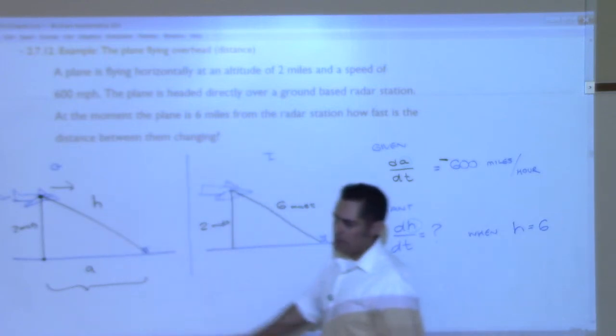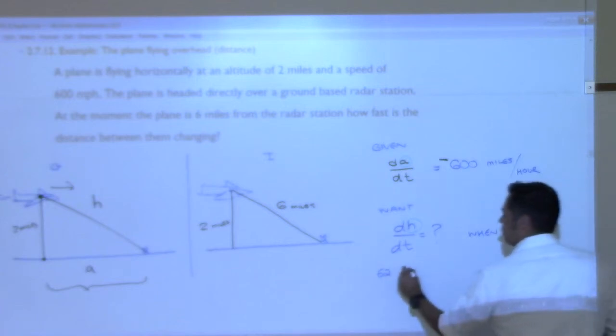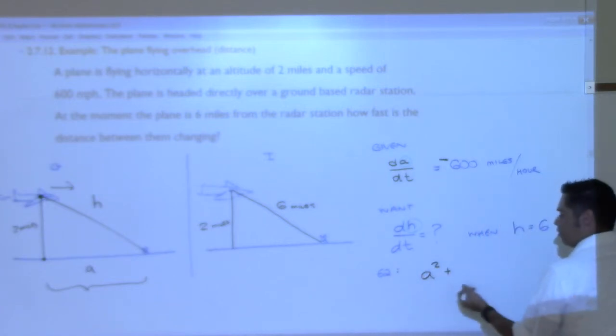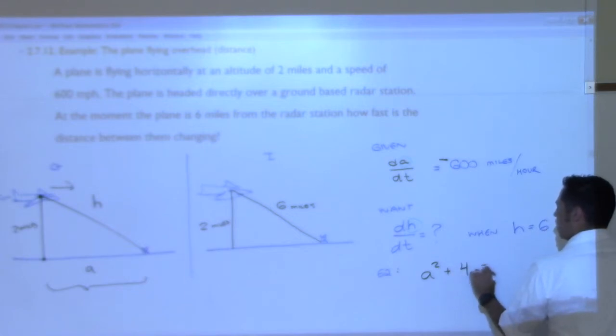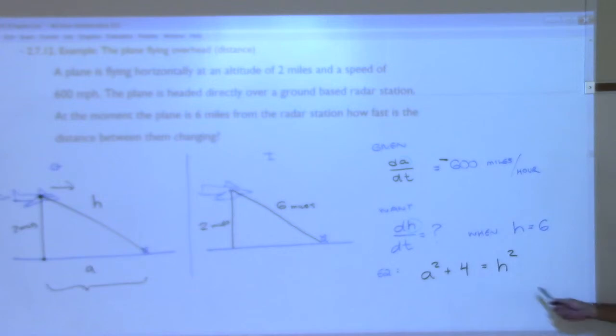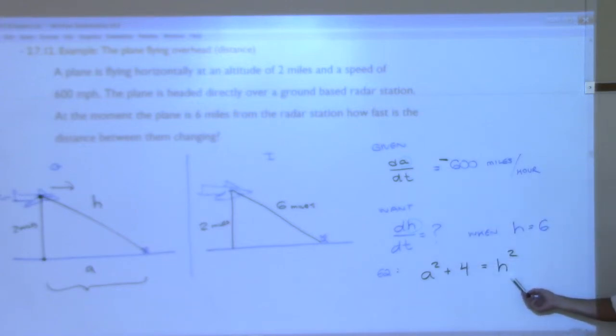That is an equation that relates the three sides of the triangle. So my equation is a squared plus 2 squared equals h squared. And when I differentiate this, I'm going to get a da/dt in here because I've got an a. And I'm going to get a dh/dt in here because I've got an h, and that's what I'm looking for.